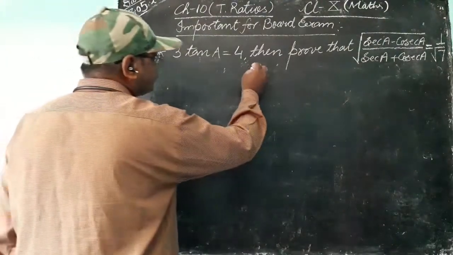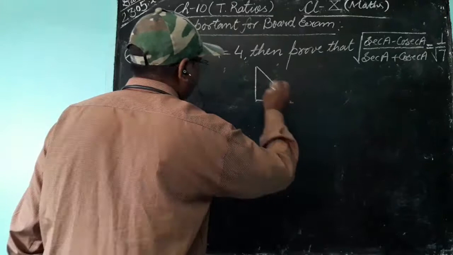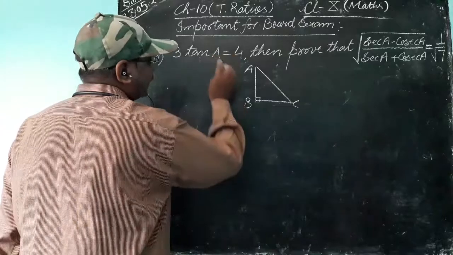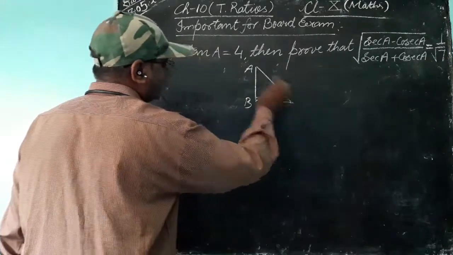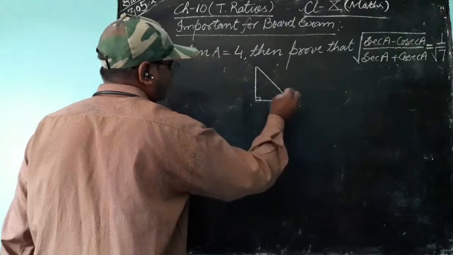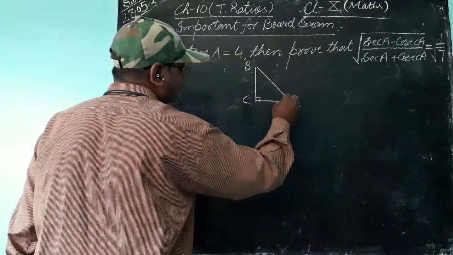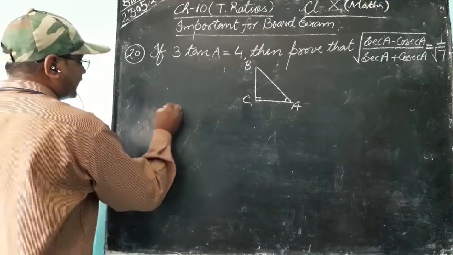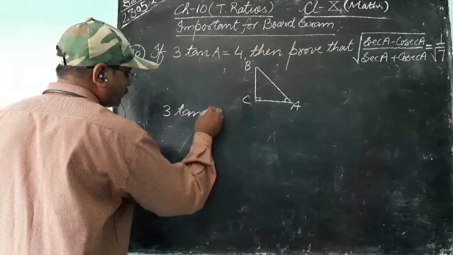So first of all, you will make the right angle triangle. Clear? That is A, B, C, and their angle A. Angle A, tan A has been given. So 3 tan A is equal to 4.